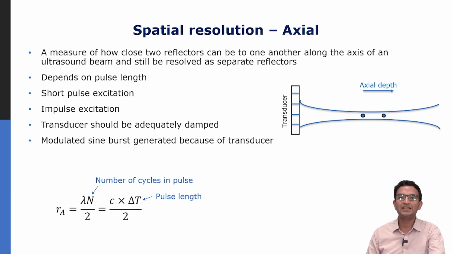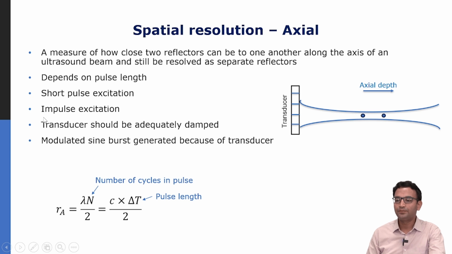However, if the pulse is an extended pulse, for example, consider a 4 or 5 cycle sinusoidal burst, then as these objects start coming closer and closer, when I fire a pulse with a finite spatial pulse length, the echoes from these two targets will start overlapping together, and there may be ambiguity on whether or not these two targets can be resolved. And therefore, it is important to image with a short pulse length if we want to get good axial resolution.